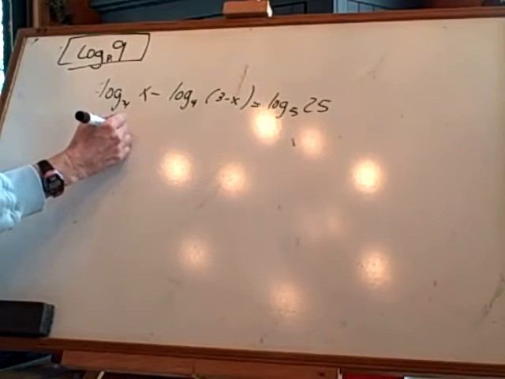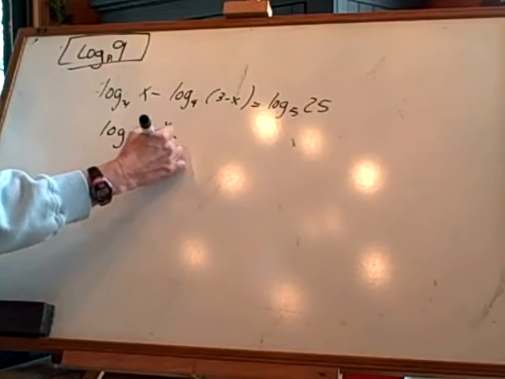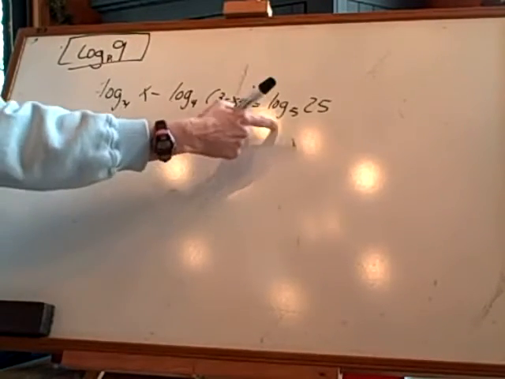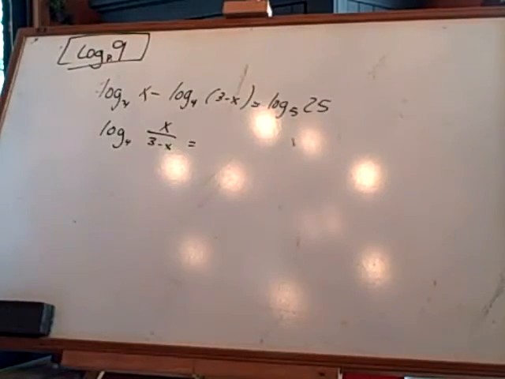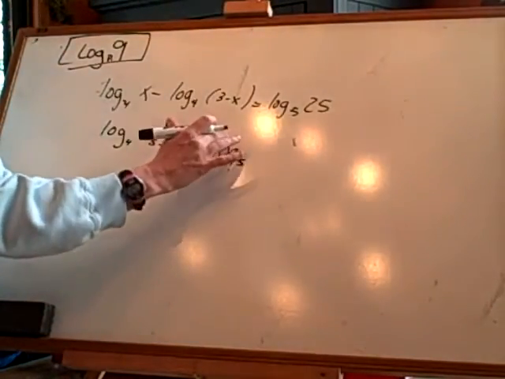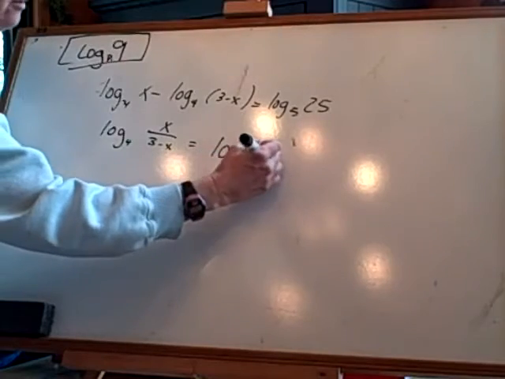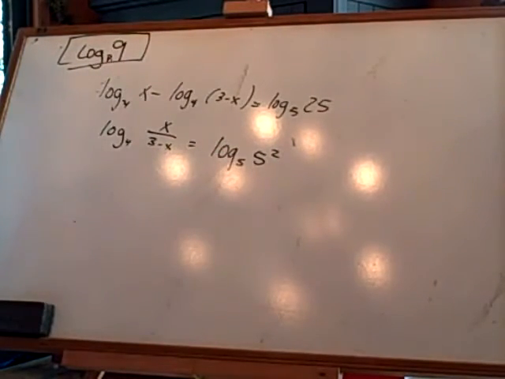So this is going to look like log base 4 of x over 3 minus x. Now on this side, I'm going to do a little bit of rewriting. I'm going to make it look like log base 5, and how else could I write 25? Can I write it with a base of 5? 5 squared, that's going to help. So far so good?